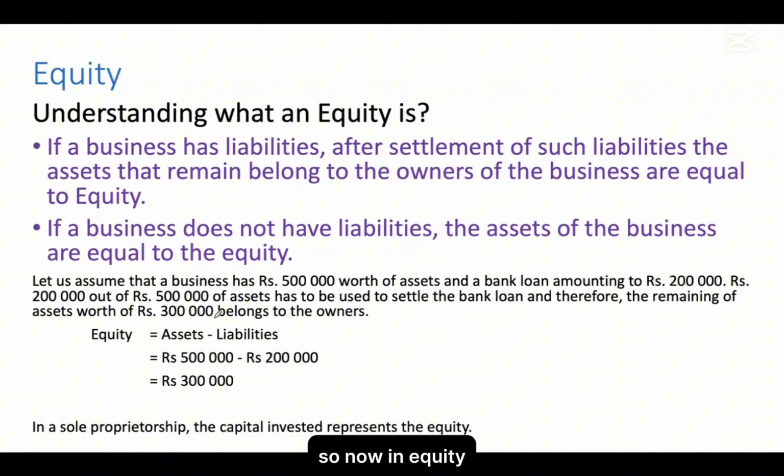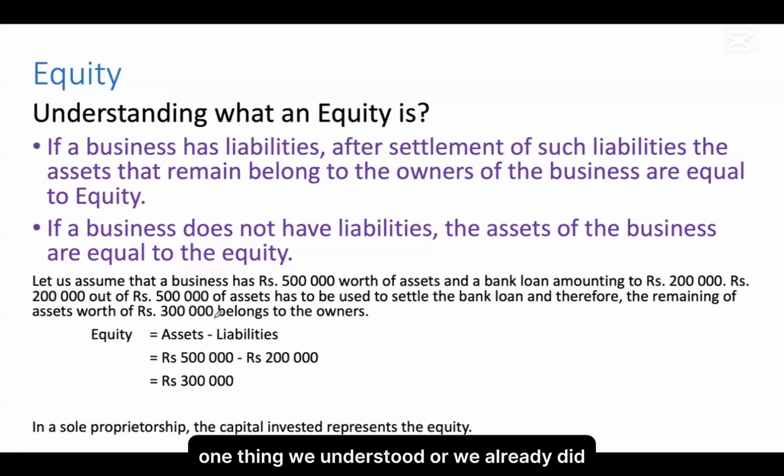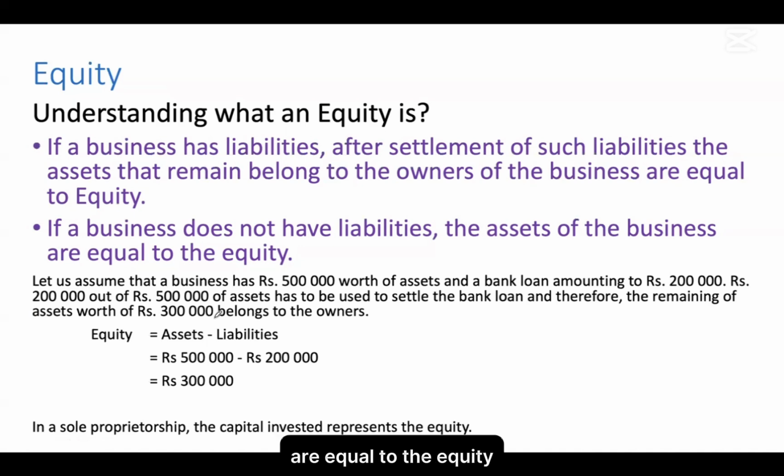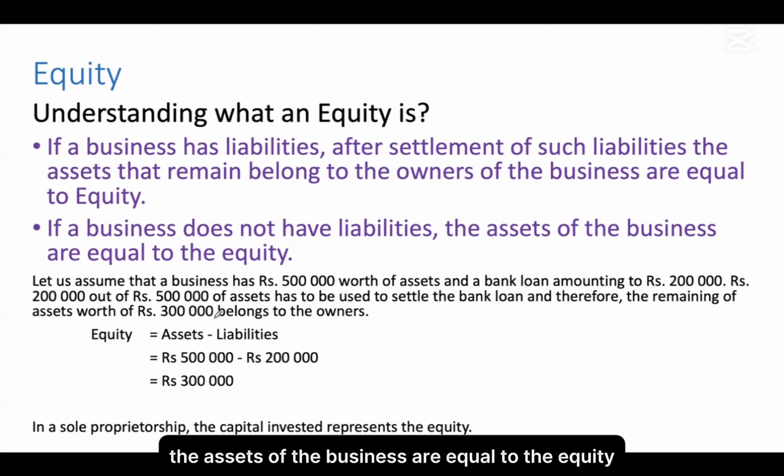Okay, keeping this in mind, let's look at this case. In equity, one thing we already understood: if a business has liabilities, after settlement of those liabilities, the assets remaining that belong to the owner of the business are equal to the equity. If a business does not have liabilities, the assets of the business are equal to the equity. Now let's jump back to that 100,000 example.